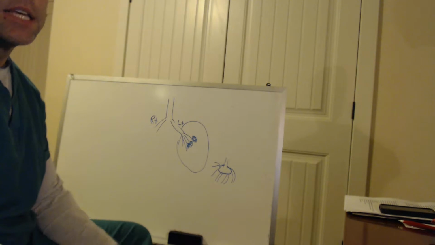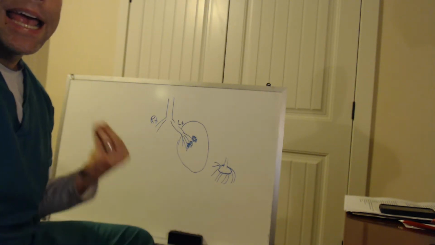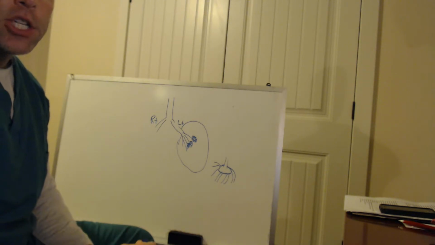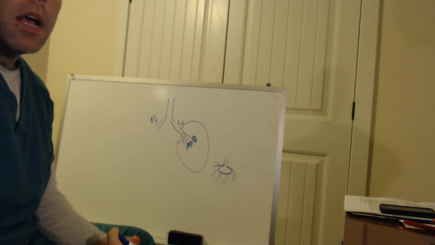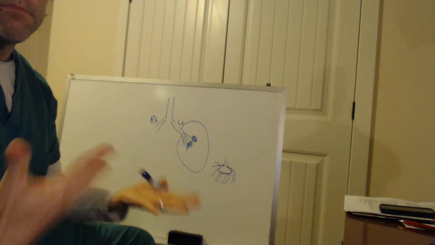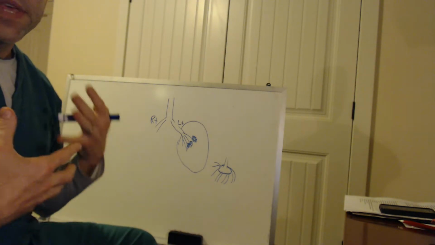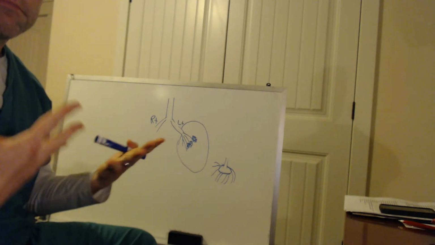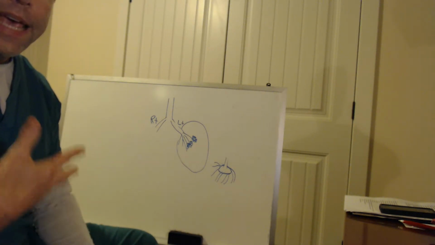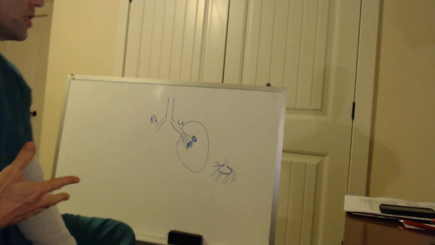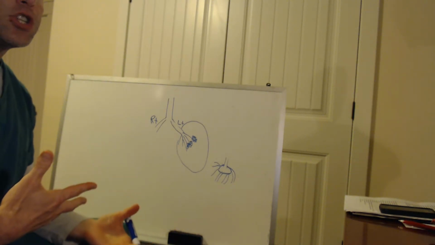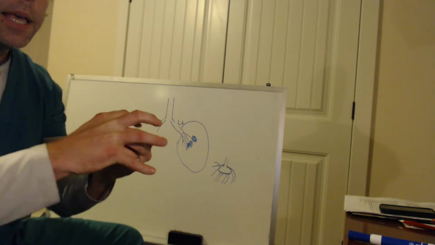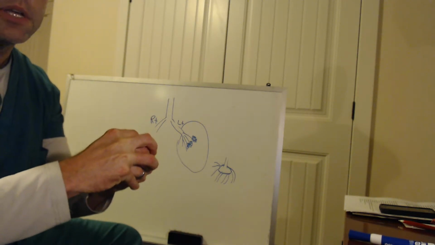As a matter of fact, the alveoli and the capillaries are so thin that they actually share membrane walls. So the alveolar capillaries are basically sharing a wall with the alveoli themselves.